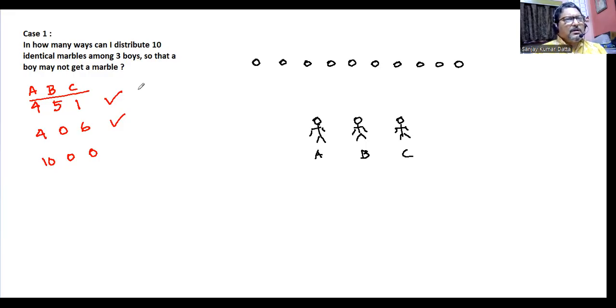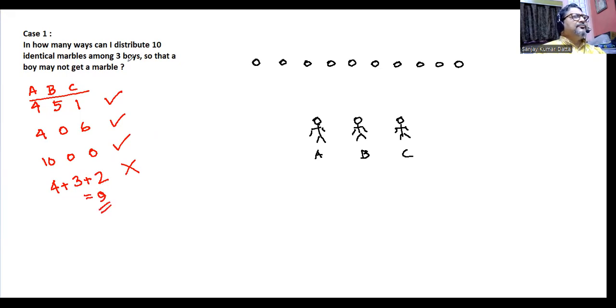Two boys also may not get a marble. No child got a marble. That's the translation sort of thing. So a boy may not get a marble. This is also possible. Now the final case. Is this possible? The answer is no. Because 4 plus 3 plus 2 is 9.